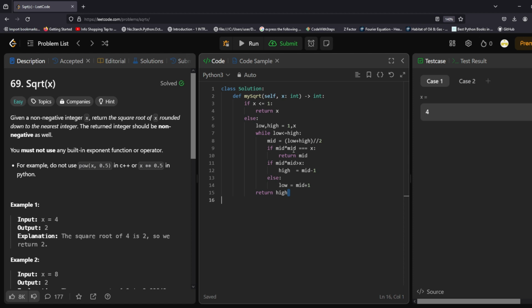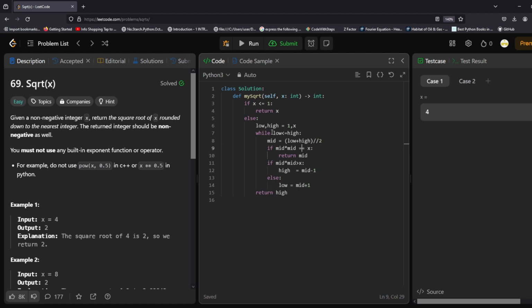Mid squared is 4, and 4 is greater than 3, so the first condition wouldn't run. Then we come here, mid squared is 4, 4 is greater than x. So now we trim the high to mid minus 1. The mid is 2, so high becomes 1. Now our data set under consideration is 1 and 1.